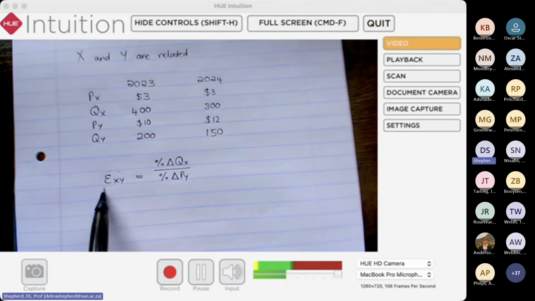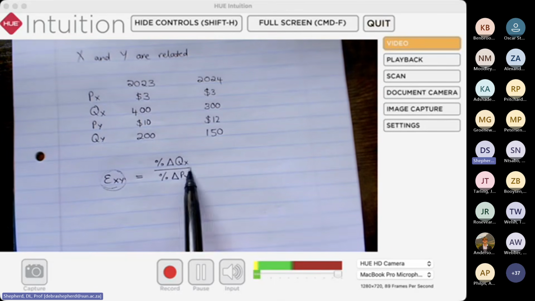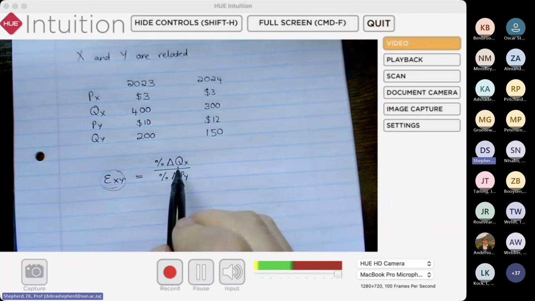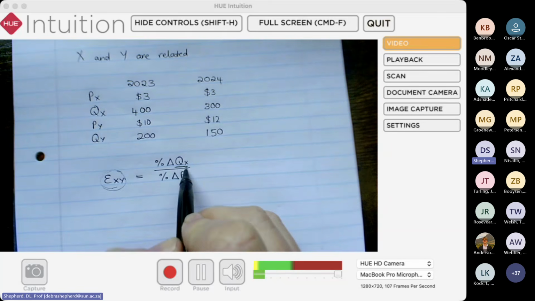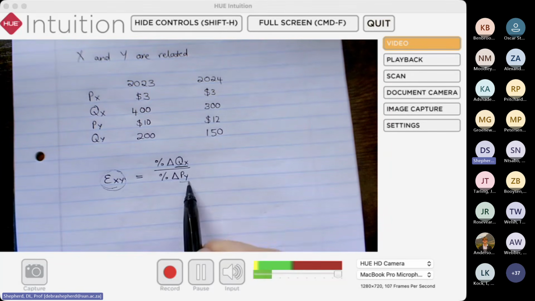The type of elasticity we're working with will tell us what these numerator and denominator variables are. So when we're looking at cross-price elasticity, we want to see how people's decision to purchase X responds to a change in the price of Y.